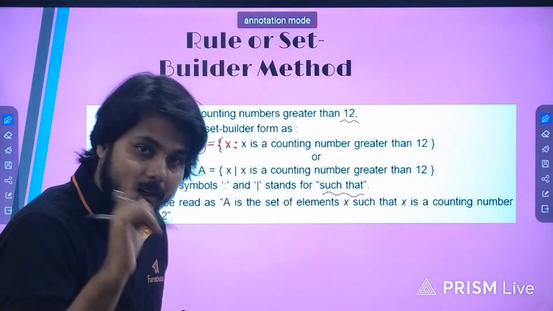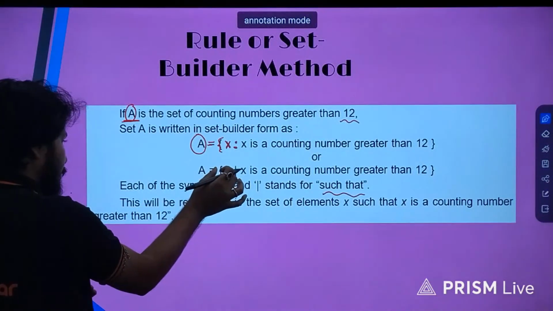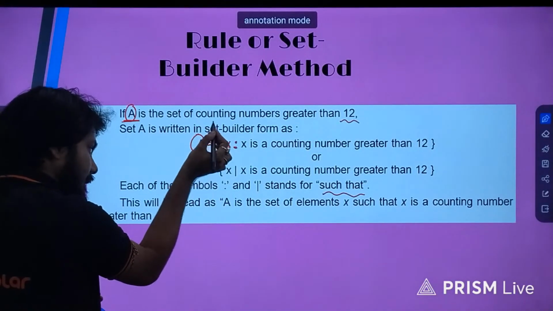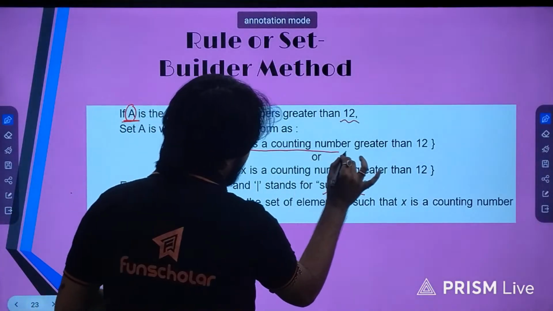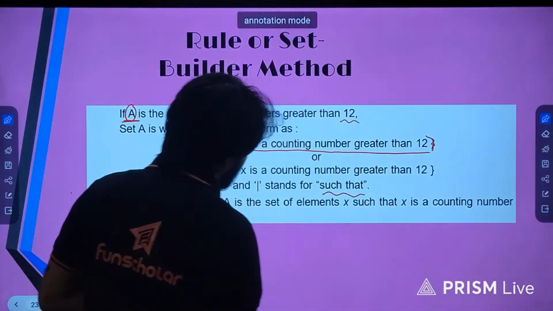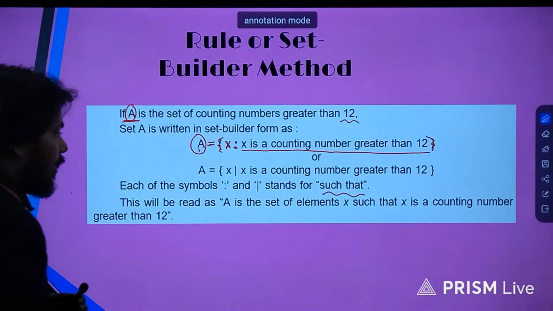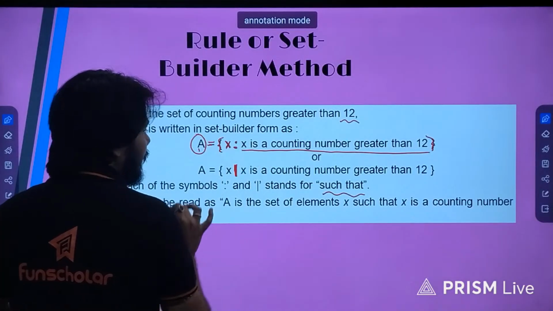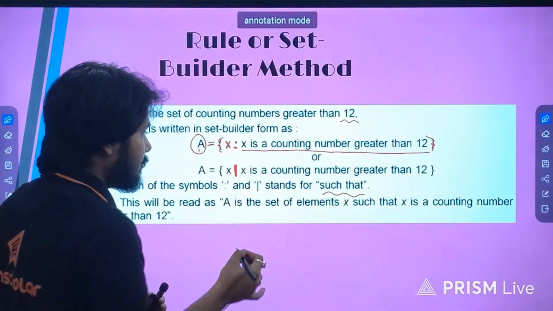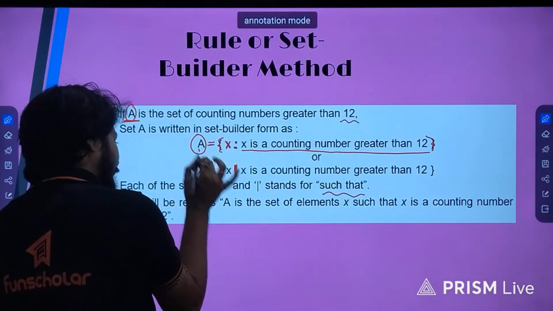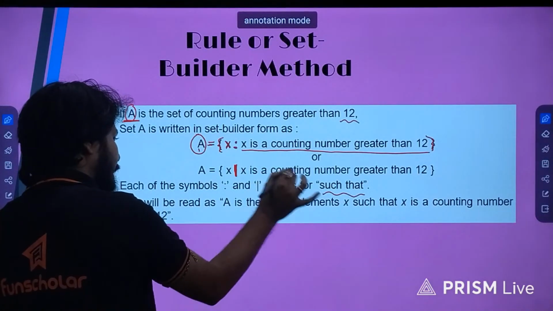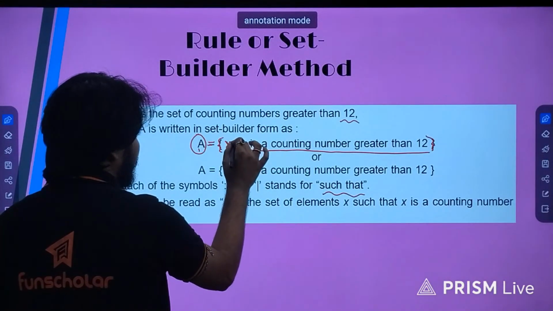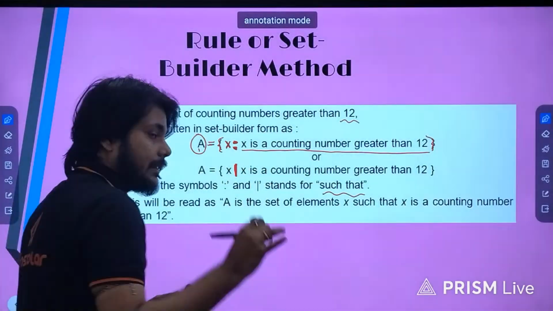A equals x such that x is a counting number greater than 12. You can also put this colon sign in place of this mark. A equals x such that x is a counting number greater than 12. So that is how we read this sign, "such that".